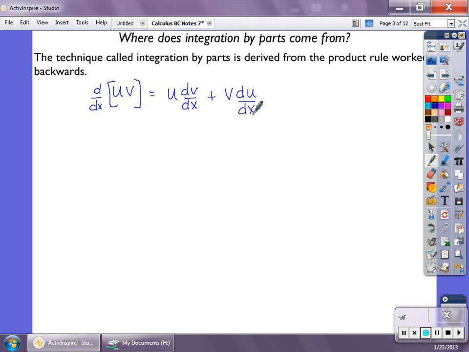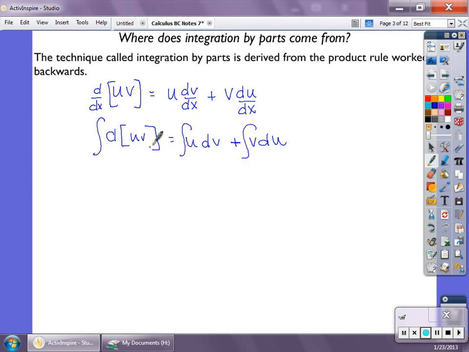Now we're just going to do some manipulation here. I'm going to multiply each side of my equation by dx, so the dx's reduce. We'll be left with d(uv) is equal to u dv plus v du. Now we're going to take the integral of both sides.